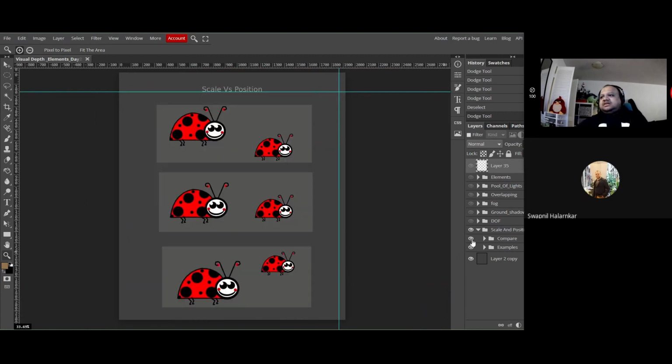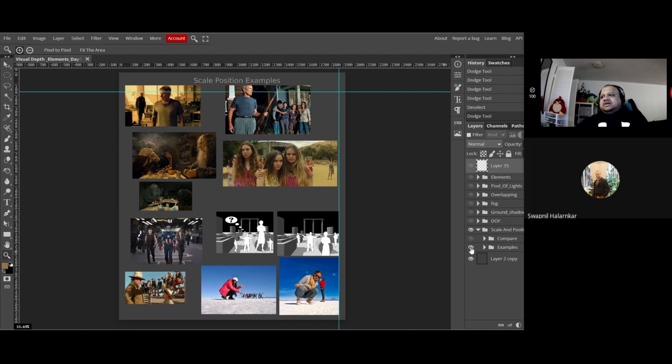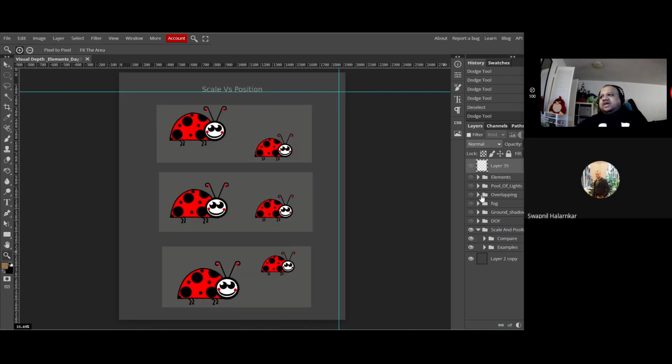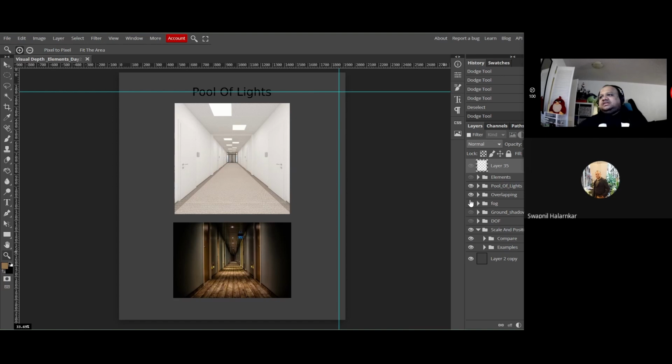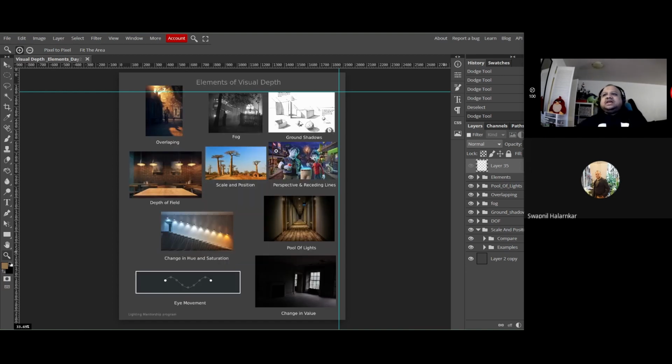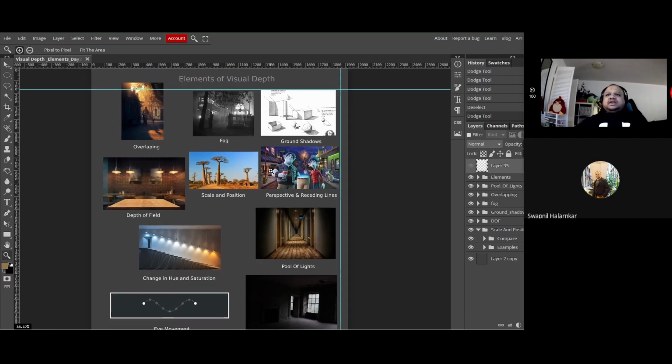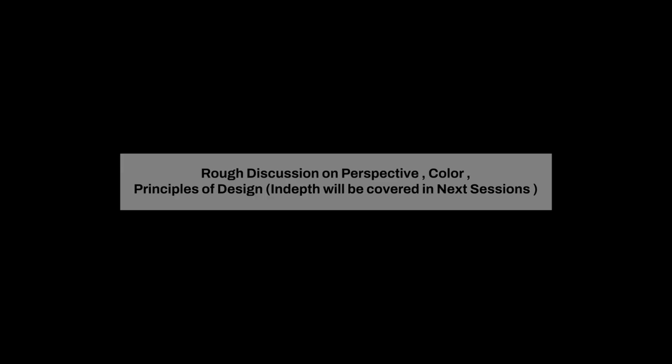Yeah, I think I'm done with this. So if you have any questions on anything, you can tell. But obviously, I have covered overlapping, fog, ground shadows, depth of field, scale and position, and yeah, we can talk a bit about perspective before going forward.